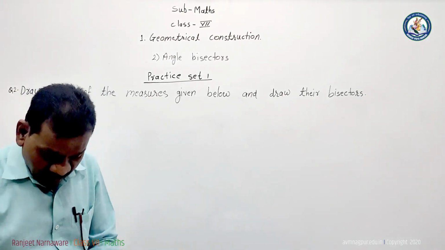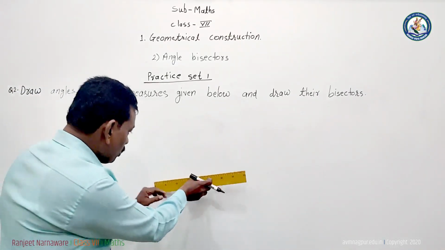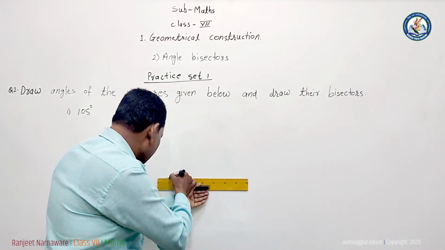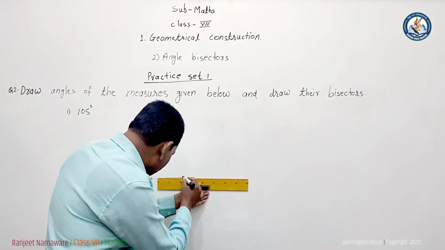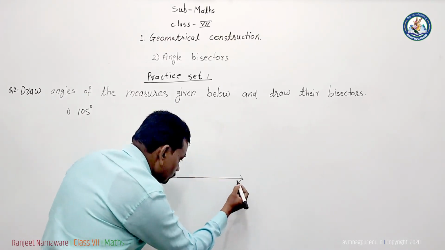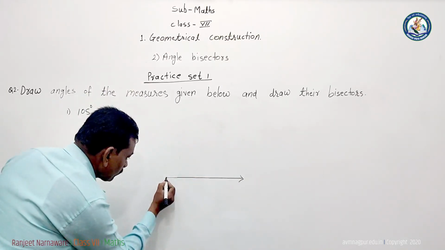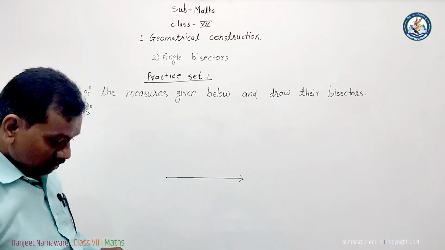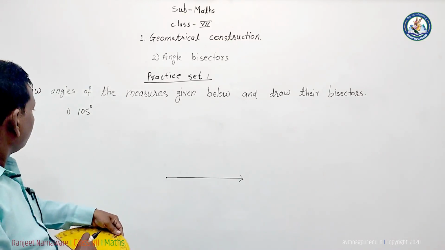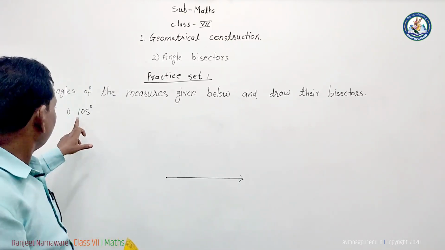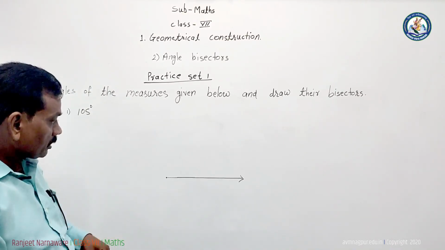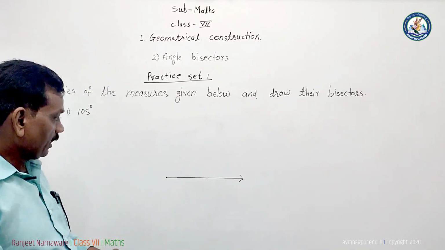To construct the angle, draw a line segment or a ray. This is the first arm of the angle. The measure of the angle is given 105 degree. Therefore, we have to use the protractor to draw an angle.